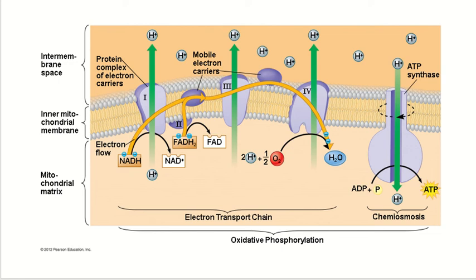How about for FADH2? While 2 electrons from NADH were transferred from cytochrome 1 to cytochrome 3, 2 electrons from FADH2, on the other hand, will be donated not to cytochrome 1 but to cytochrome 2.